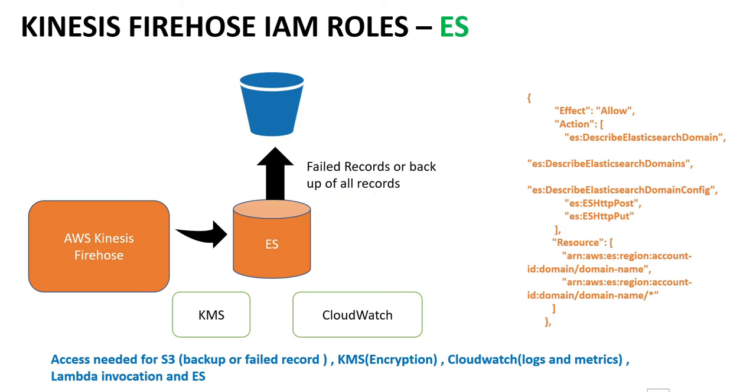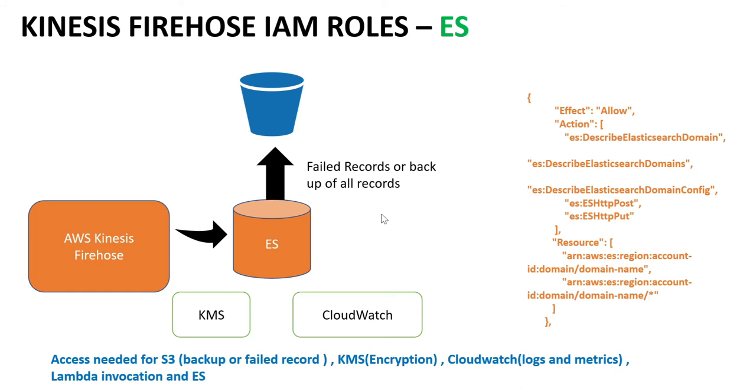Now for Elasticsearch, it's a similar kind of setup, but for Elasticsearch, what we usually do is it's a one-step process. The writing happens directly to Elasticsearch. But for failed records, suppose the data doesn't go through for some reason, we have a bucket, and we also use this for backup of all the records.